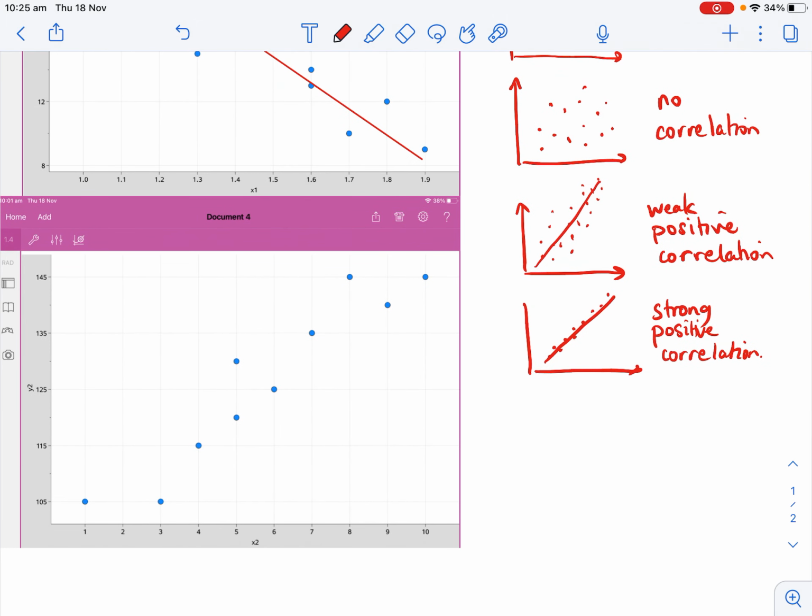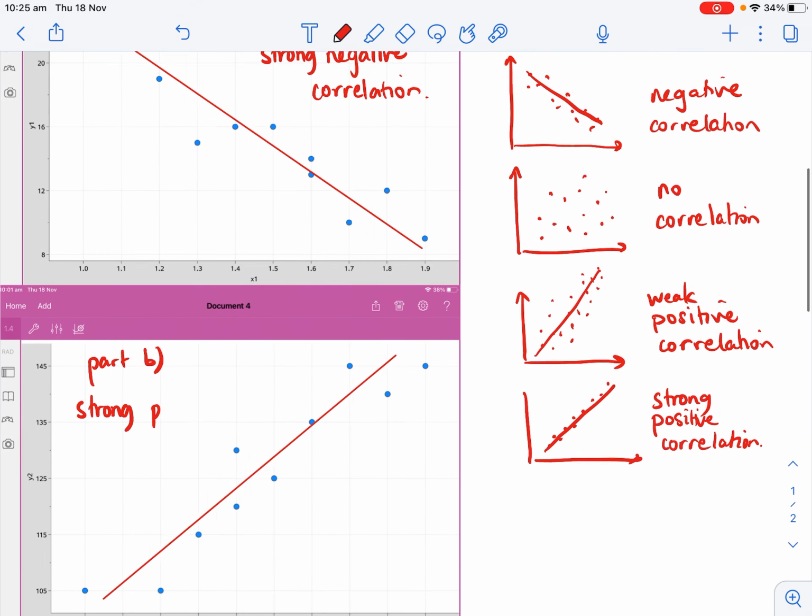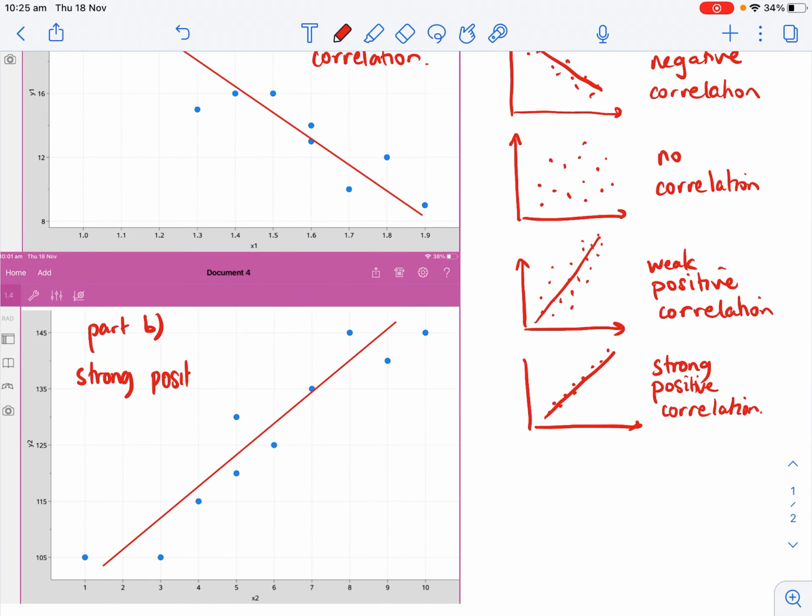Now the question didn't ask for the strong part, but since I'm making the video, I might as well include it. For part B, same thing, there's a clear trend where the graph is going up. So I would call this, part B, a strong positive correlation. These are still in the strong strand.